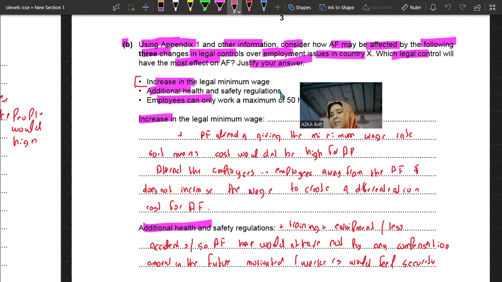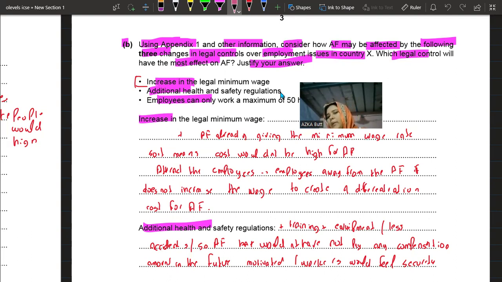legal minimum wage. Let's suppose we are hiring some workers part time, and the existing worker is getting the minimum wage rate, but we want to reduce our cost of production, and we try to give the extra labor only a wage which is lower than the legal minimum wage.